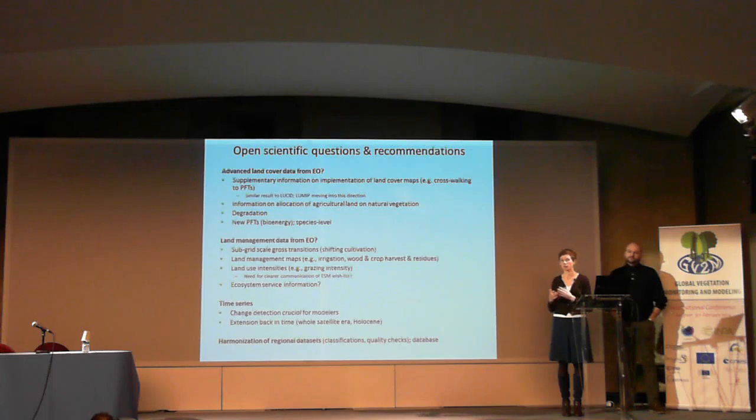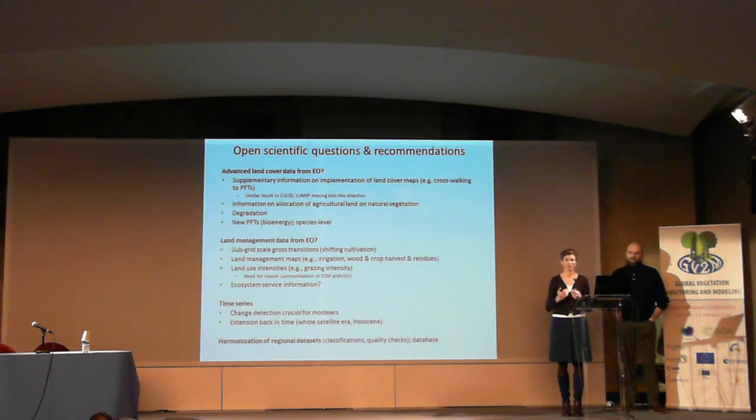And this is one issue where I think there's a lot more inventory-based data available than is currently being used, because the modeling community can't do the synthesis as well as the Earth observation community could do. But only the modeling community really knows that they have these needs. Another issue is the land use intensities, like grazing intensities.